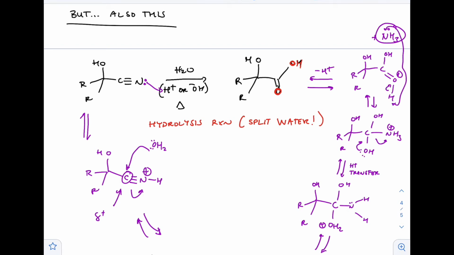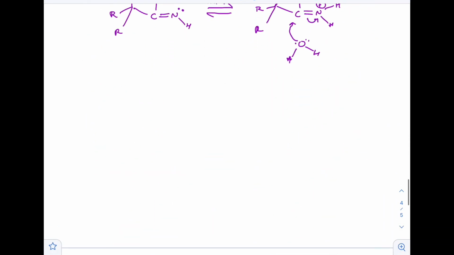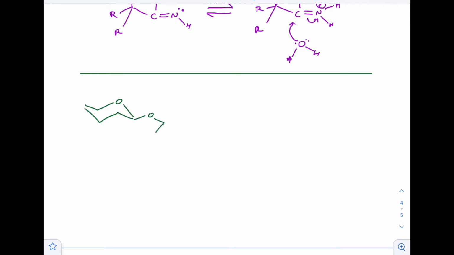So it would be nice if this amine just got protonated and formed an ammonium, because now this nitrogen is no longer nucleophilic and it's really not going to wreak havoc anywhere else. And that reaction is done. We've completed the cycle. We formed the carboxylic acid via the hydrolysis of a cyanohydrin.